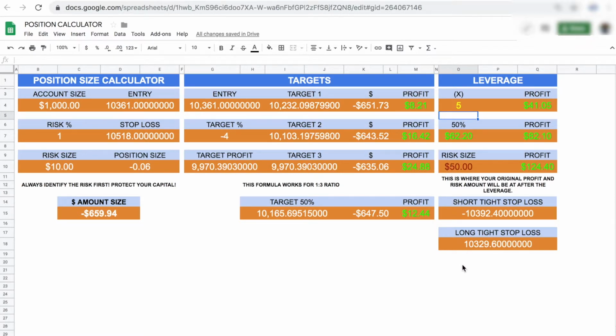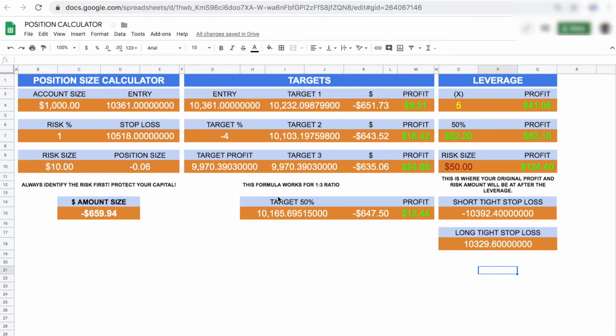This part over here that you can see at the bottom is something that I created to show you where the stop loss is to just do the original risk size. So if my entry is at 10,361, once I reach 10,392, I'm already losing 1% of my account size, which in this particular example will be $10.